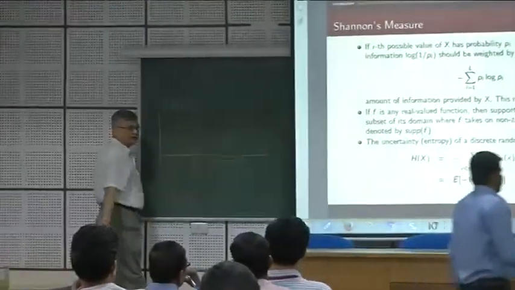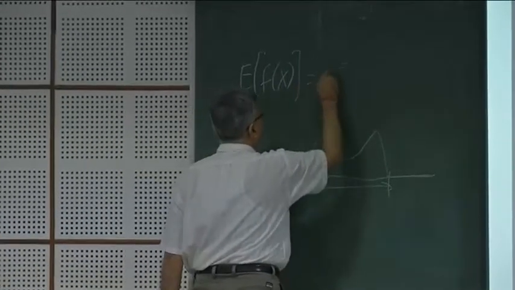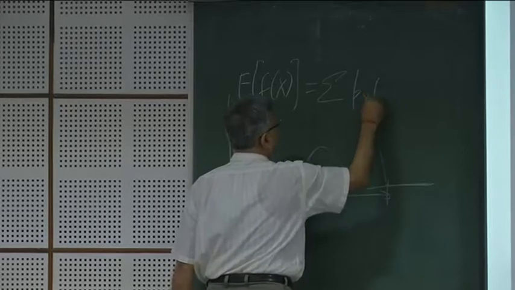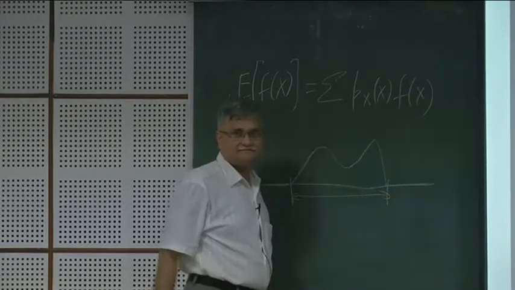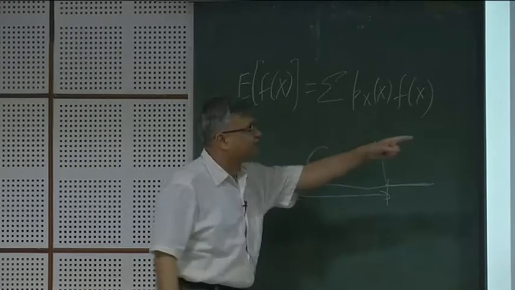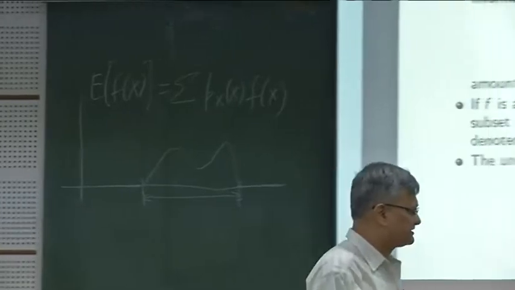Suppose I have a function of x where x is a random variable, then the expected value is defined as summation of the probability of x times that function of x. So, this is a straightforward application of what we do for the expected value of x.